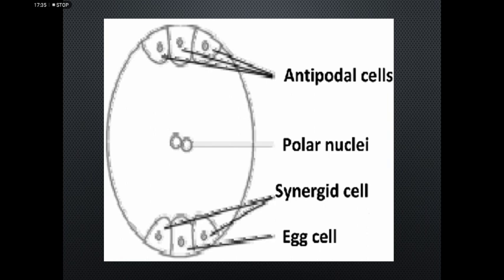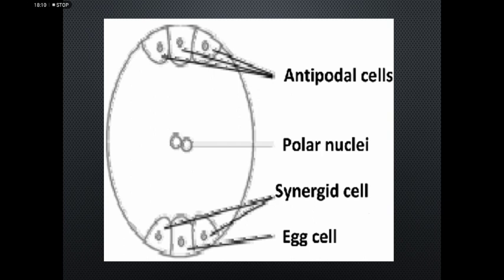The three at the chalazal end are known as antipodal cells, and the central cell contains the polar nuclei, which is in 2n condition. At the micropylar end three cells are present, and the center cell is the egg, larger than the others, supported by synergid cells.